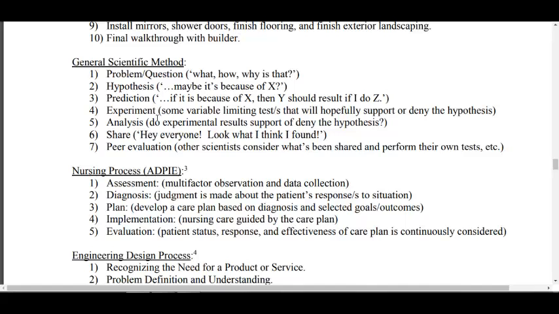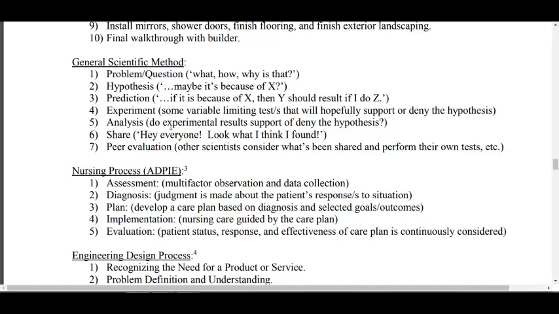You introduce these variables. You test on and on and on. You develop tests. And then you do an analysis: after my experiments, did it actually support my predictions, or is there a correlation? Is there not? You may do a lot of statistical analysis, getting the standard deviation, all that kind of stuff.